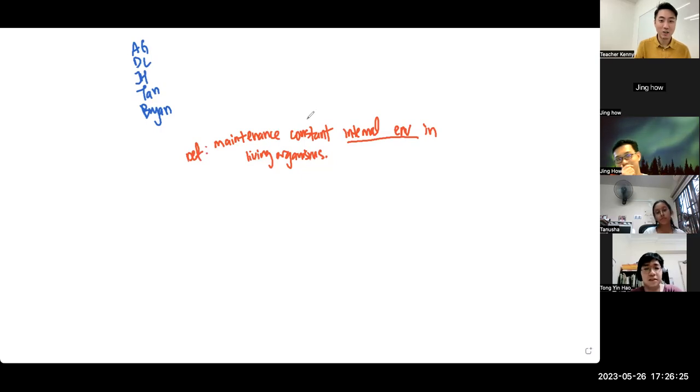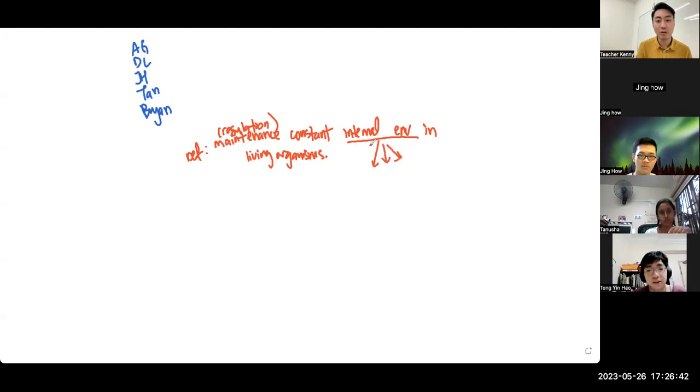Now, maintenance or regulation, some people use regulation. In this chapter you learn how to maintain what internal environment? Can you tell me what are the parameters that you need to maintain in the human body in this chapter? I give you one example. You learn how to maintain body temperature.